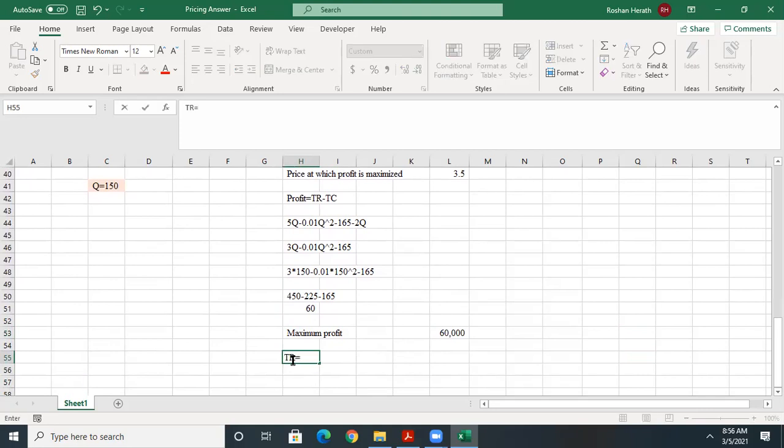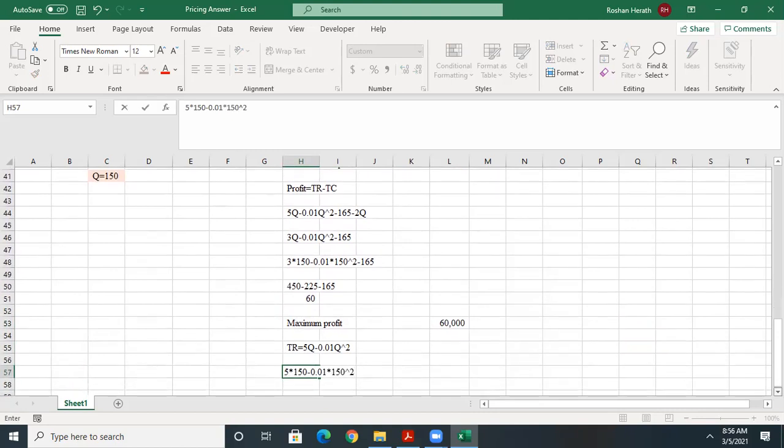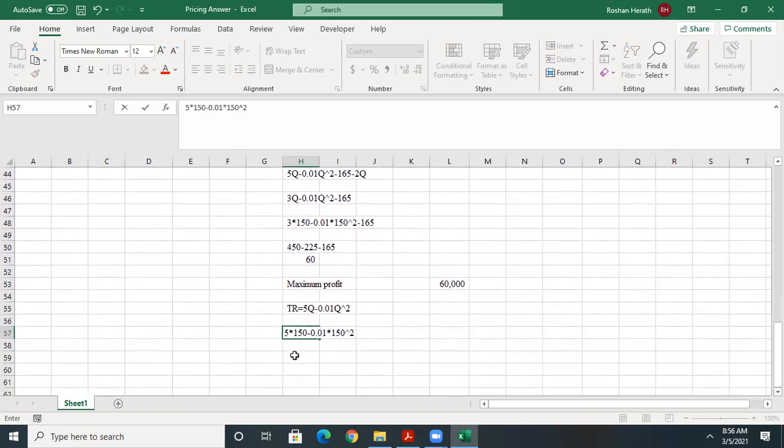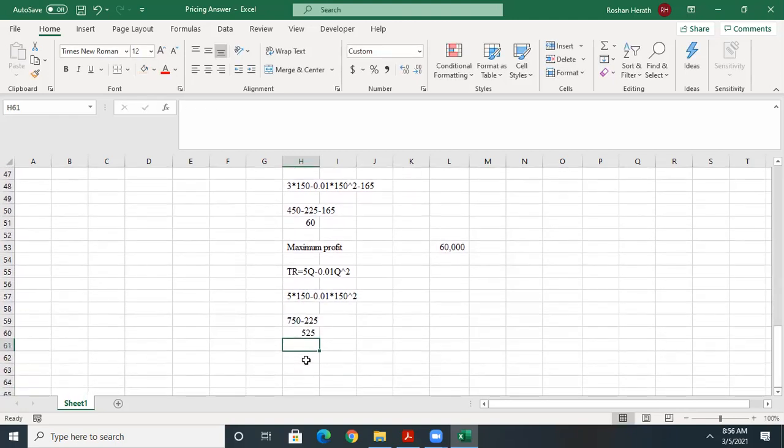Total revenue equals 5Q minus 0.01Q to the power 2. If you apply that, 5 times 150 is 750, minus 0.01 multiplied by 150 squared, which is 225. 750 minus 225 is 525. So the total revenue at the point where profit is maximized is going to be 525,000.